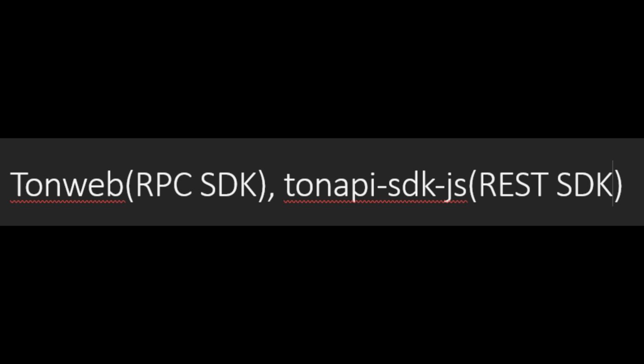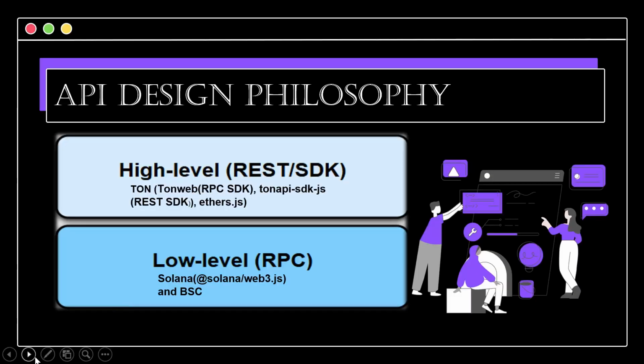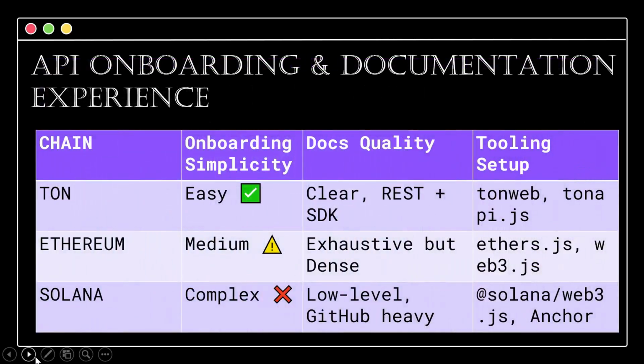Ton uses high-level REST and SDK, while the low level is used by Solana and BSC, and Ethereum has a little bit of both. The next comparison we're going to make is the API onboarding and the documentation experience for all of them. Let's dive right in.